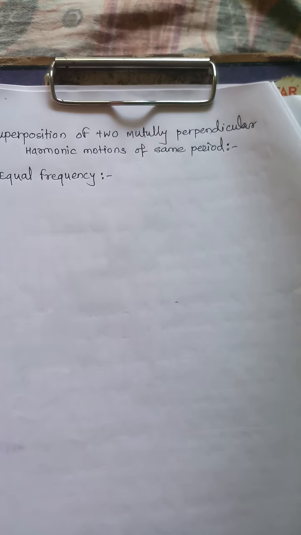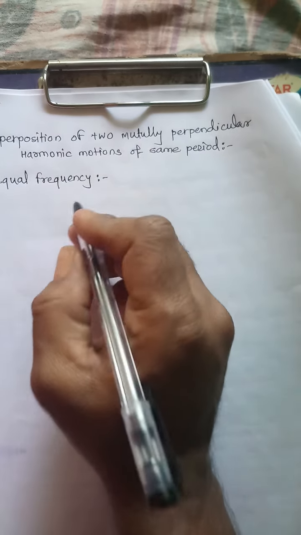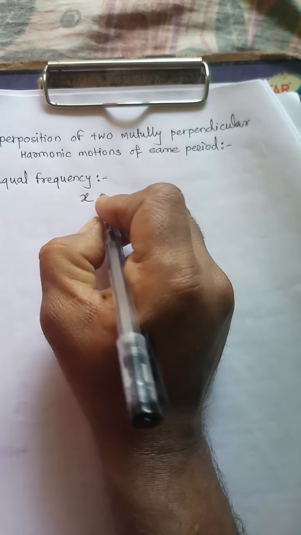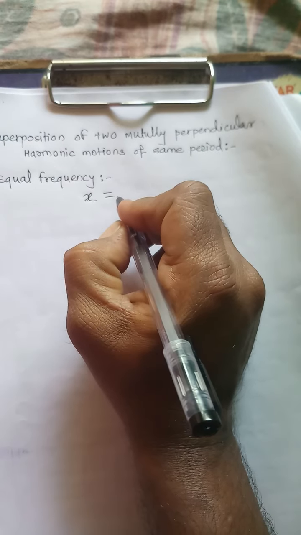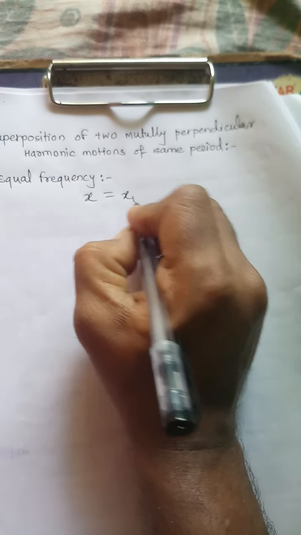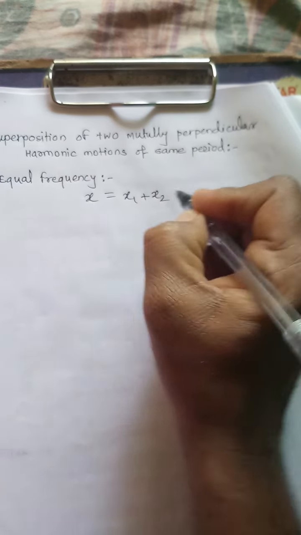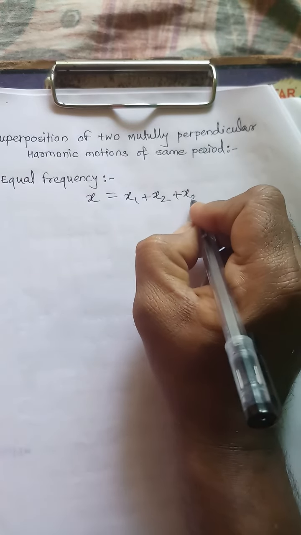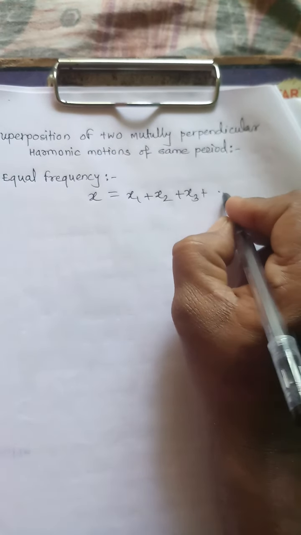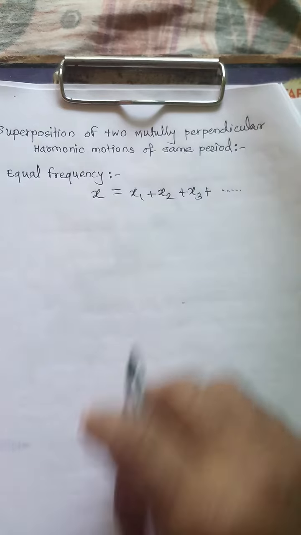Then their resultant displacement x is x1 plus x2 plus x3 and so on. So this is the resultant displacement of two or more mutually perpendicular harmonic motions.